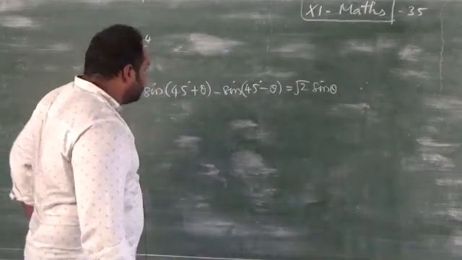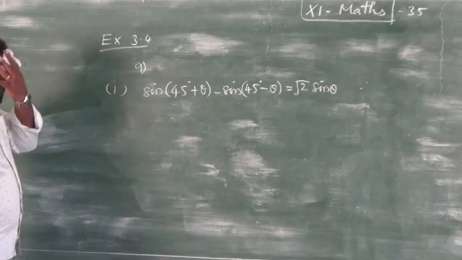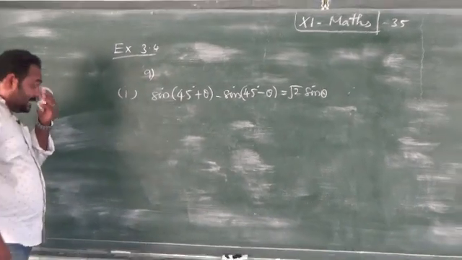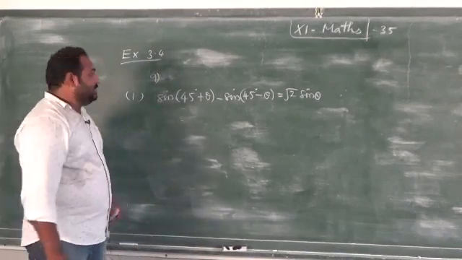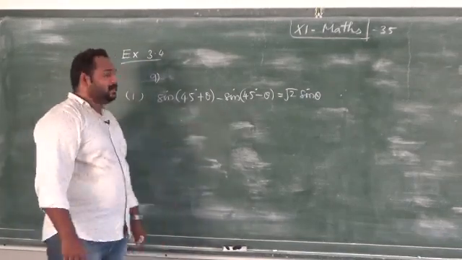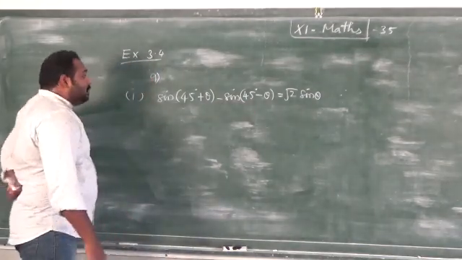Here I am going to prove LHS equals RHS. As soon as you see the LHS, immediately you have to remember that we have to use the sin a plus b formula and the sin a minus b formula, I mean the sin x plus y formula and the sin x minus y formula.